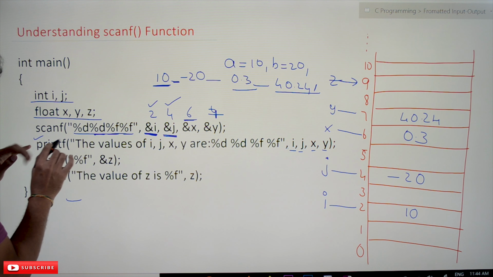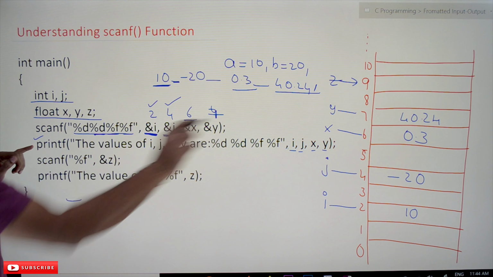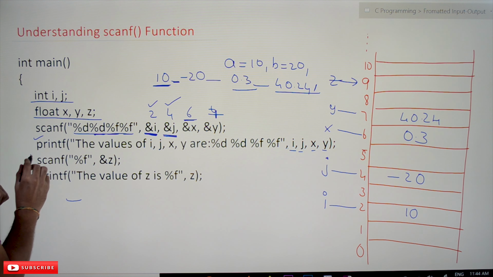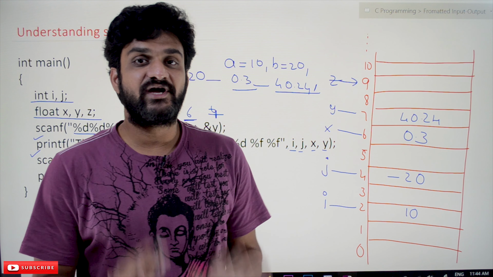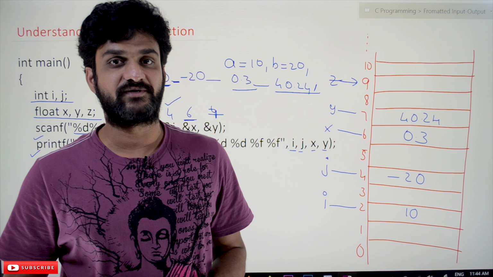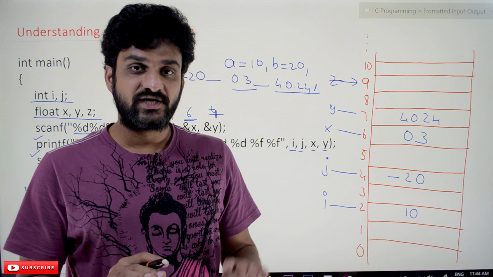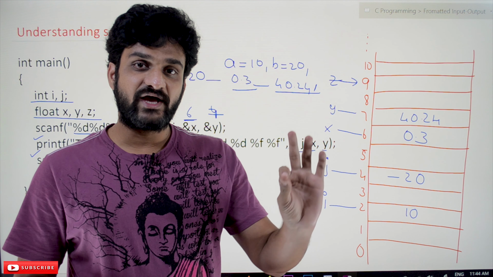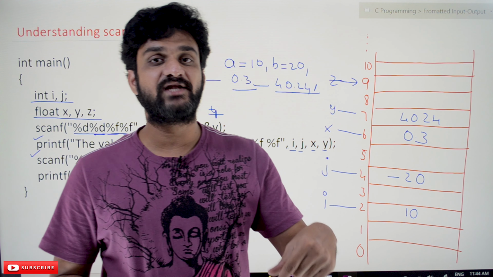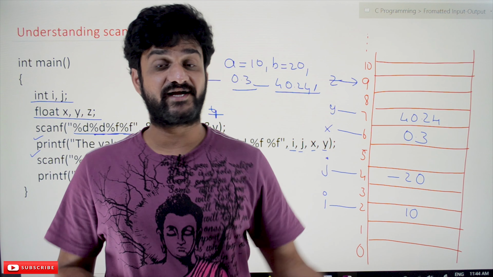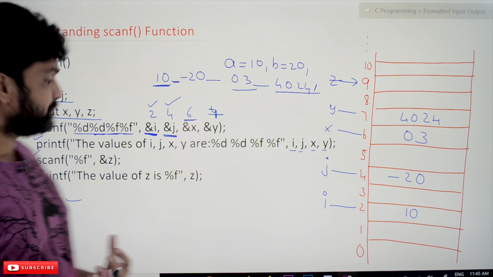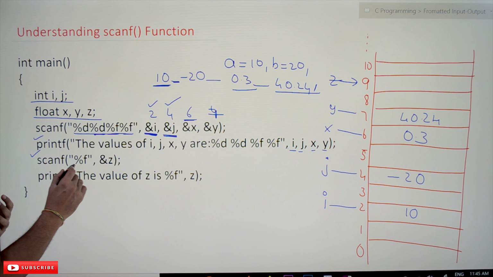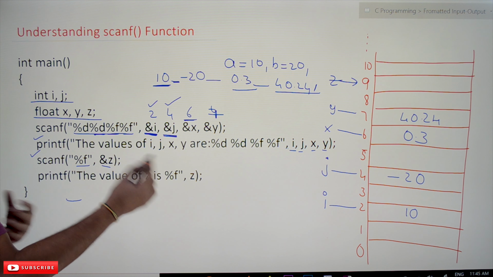And again, after this line of code, we are going to execute another scanf. Now the compiler will wait for the user to give the input. The cursor will blink and we have to give the values. Until we give the values, the next line of code will not get executed. Now a %f value has to be provided.